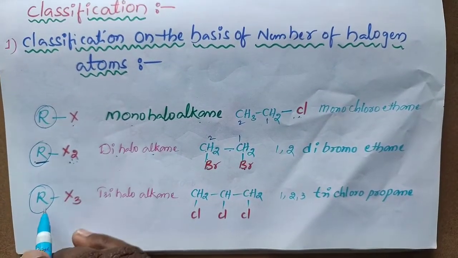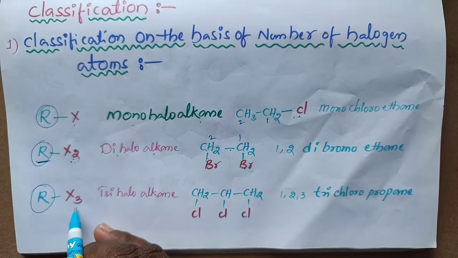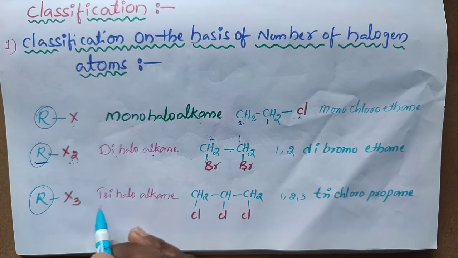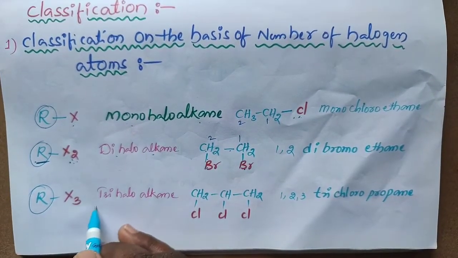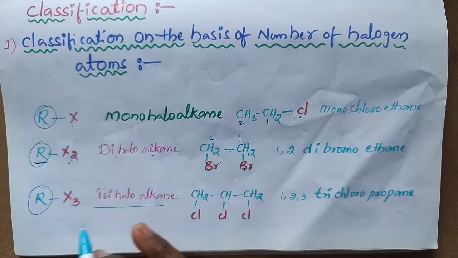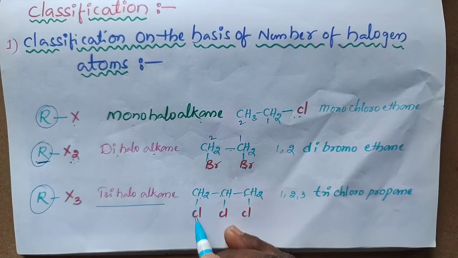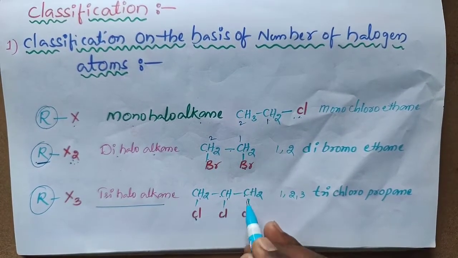Next, RX3 means three halogens are bonded to the alkyl group. That is a trihaloalkane, with 3 carbons and every carbon bonded with one halogen, each chlorine.